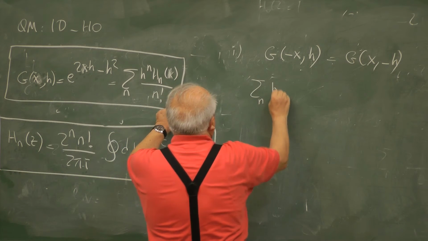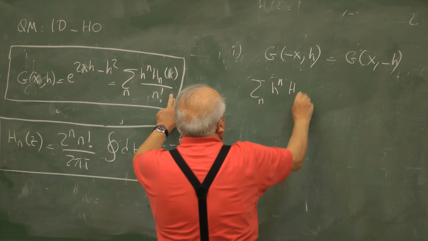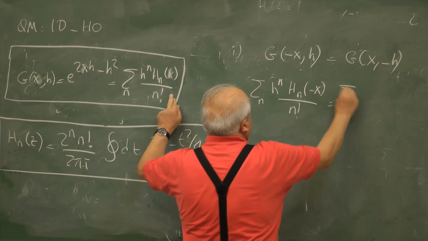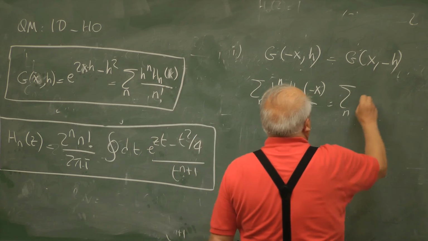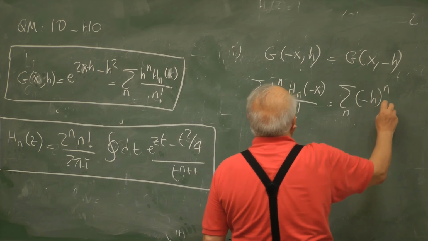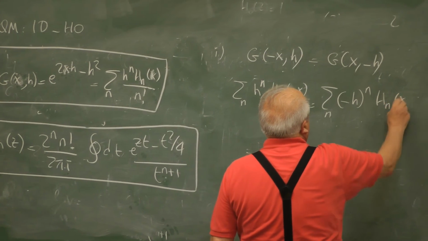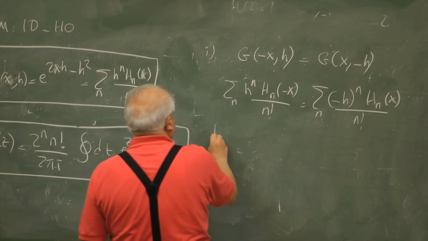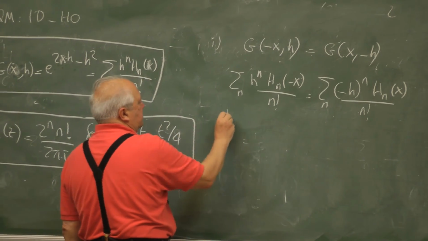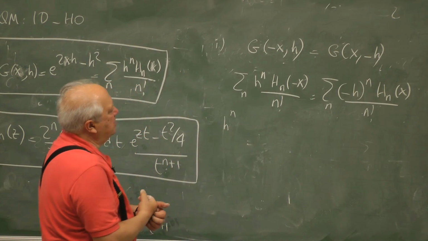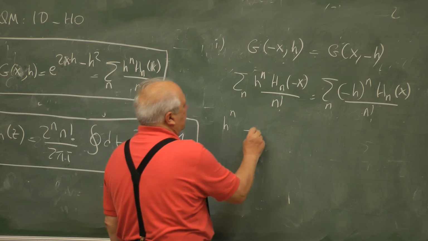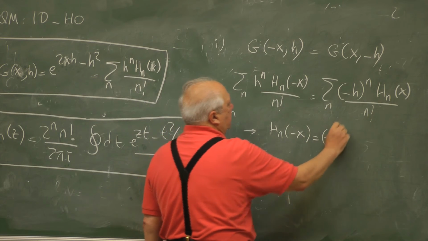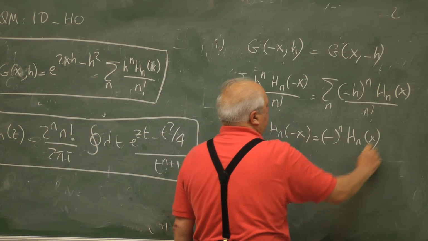Sum over n, h to the n, Hn of minus x over n factorial, that's equal to sum over n, minus h to the n, Hn of x over n factorial. Now let us compare the coefficients in terms of h to the n. We see that Hn of minus x is equal to minus one to the n Hn of x.